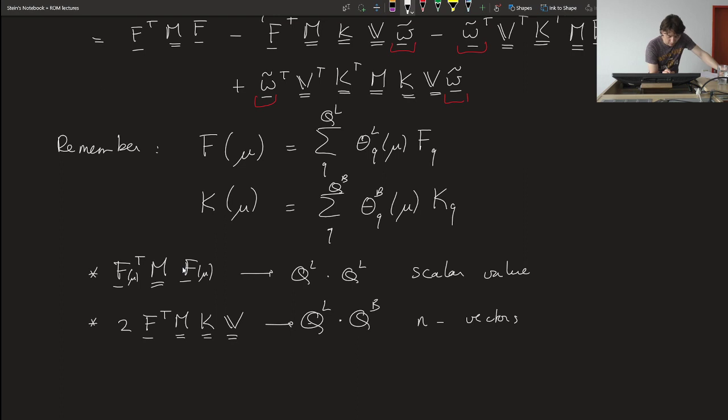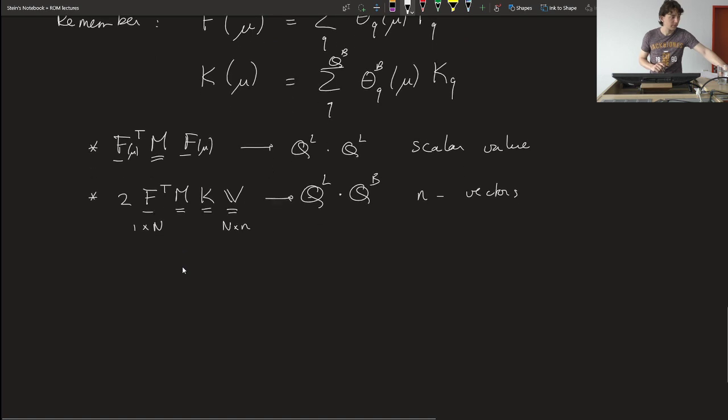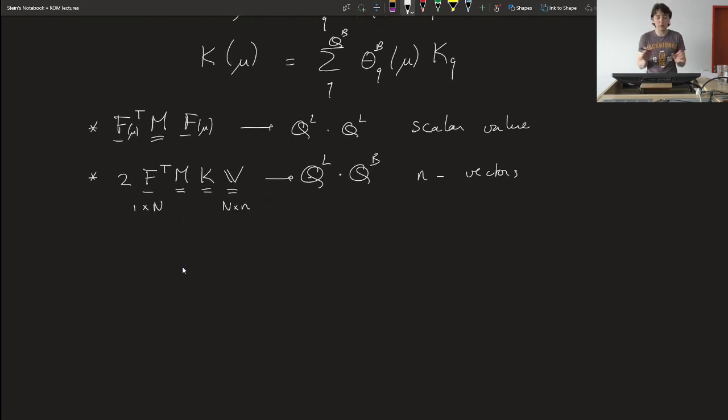Now, remember, if we work out the matrix multiplication, I have 1 times big N, times big N by big N, times big N by small n. So I'm getting QL times QB of these small n sized vectors. Again, that's no problem in terms of storage, all small data.